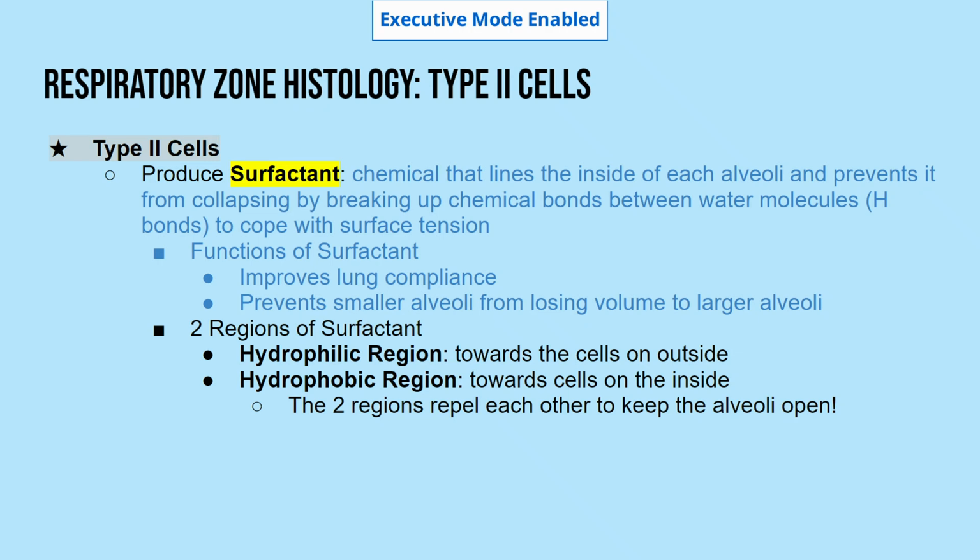And that's surfactant. What surfactant does is it breaks the hydrogen bonds, which allows the water to expand, and it pushes the alveoli out. So you have these two opposing forces that maintain an equilibrium state of the alveoli in the correct pressure-volume relationship.